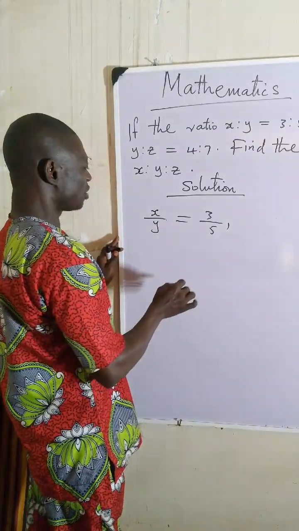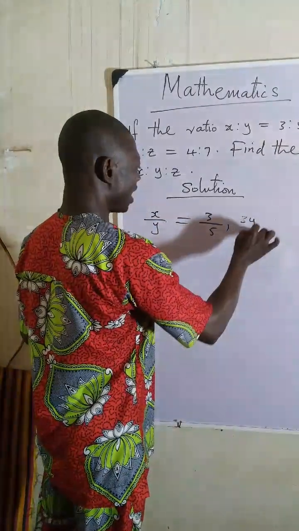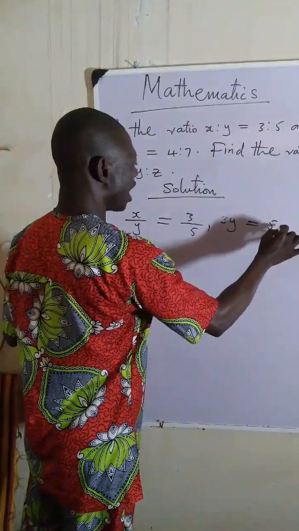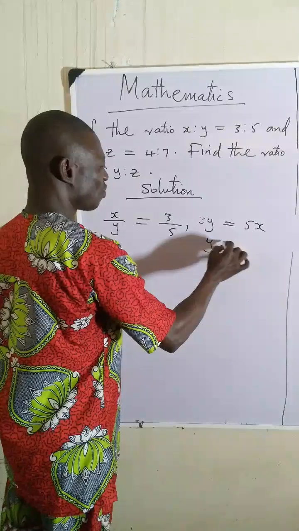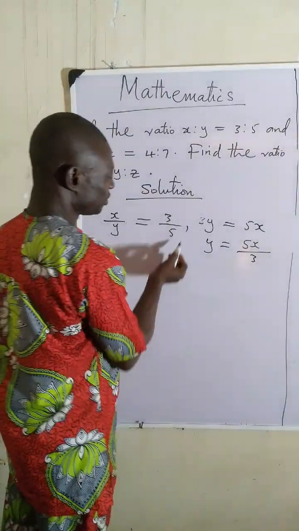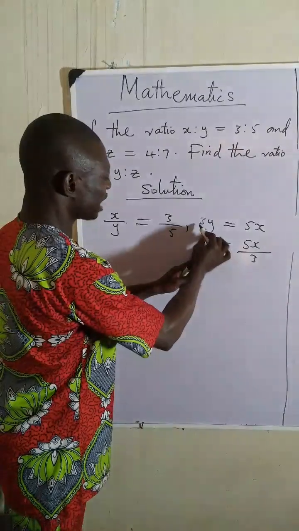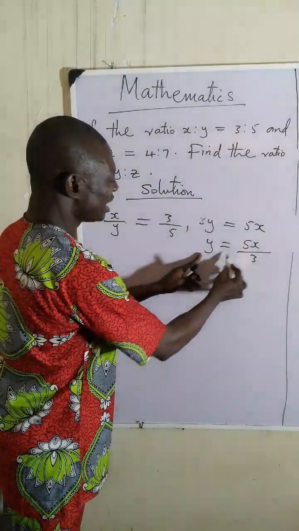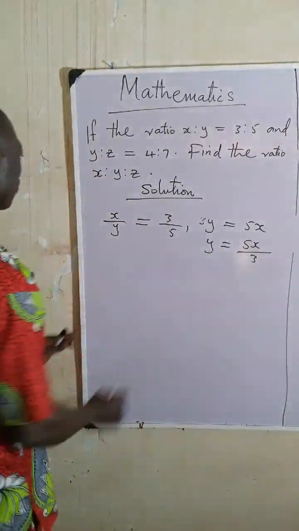When we do that, we have 3y is equal to 5x. It means that y is equal to 5x over 3. Cross multiplication, then divide both sides by the coefficient of y. This is what y is here.